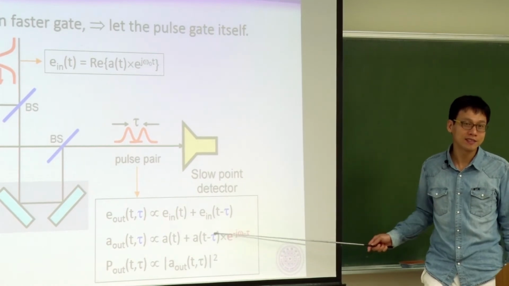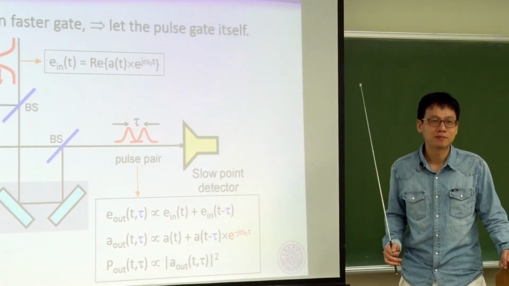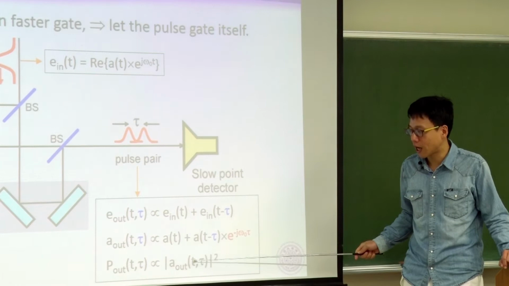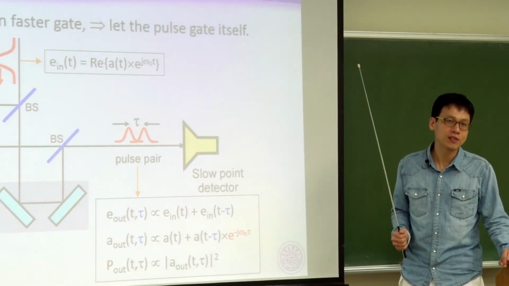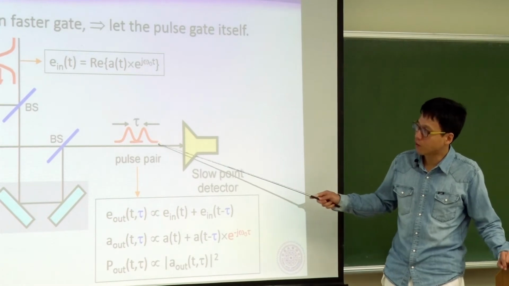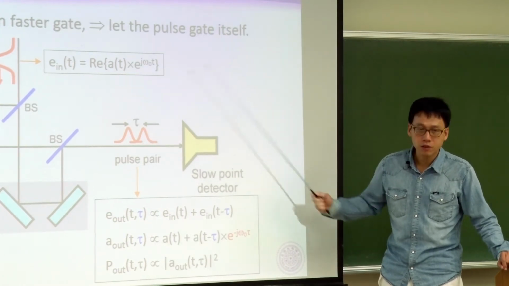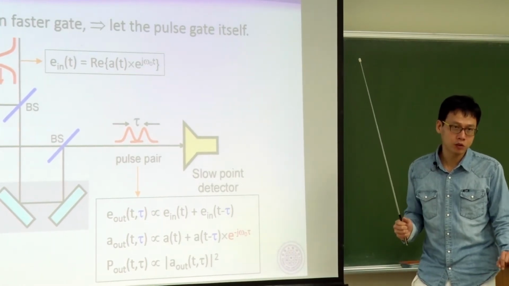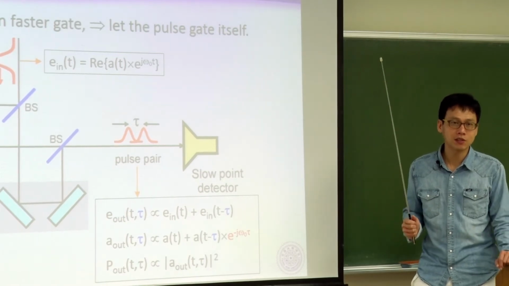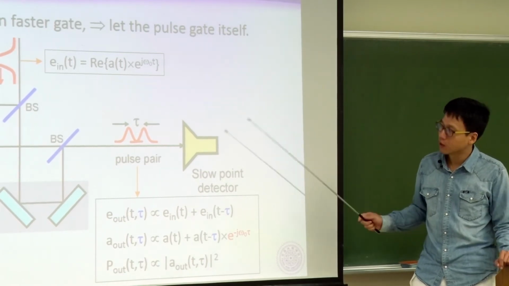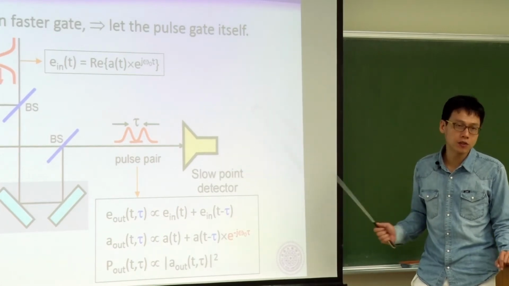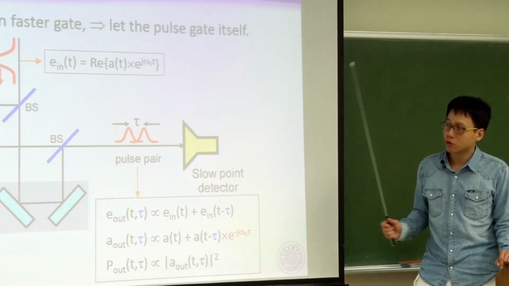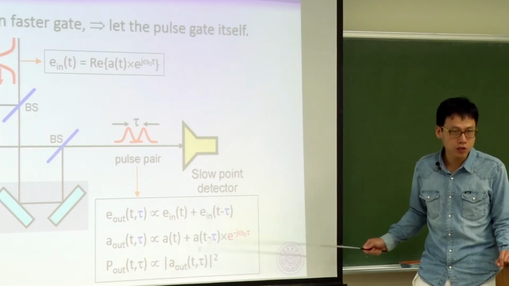Can it do that? No, because what is the time square of the power? It's still very fast, right? It means you have to measure the pulse pair envelope function, which is in the femtosecond scale. It's far beyond the response speed of this slow point detector. So it cannot tell this function.